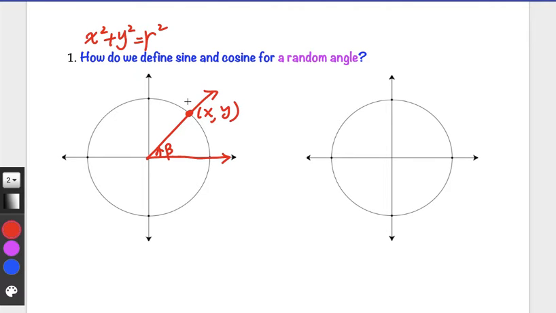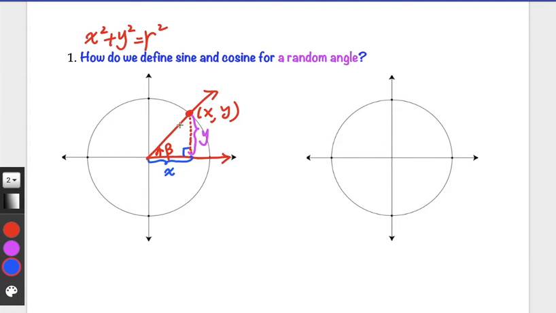And then how do we define sine? If I draw a right triangle here, like this, then I know the vertical distance is going to be y. That's just how we read the coordinates of the point, right? And the horizontal distance is going to be x. So for sine beta, according to the definition in a right triangle, we know sine always follows opposite over hypotenuse.